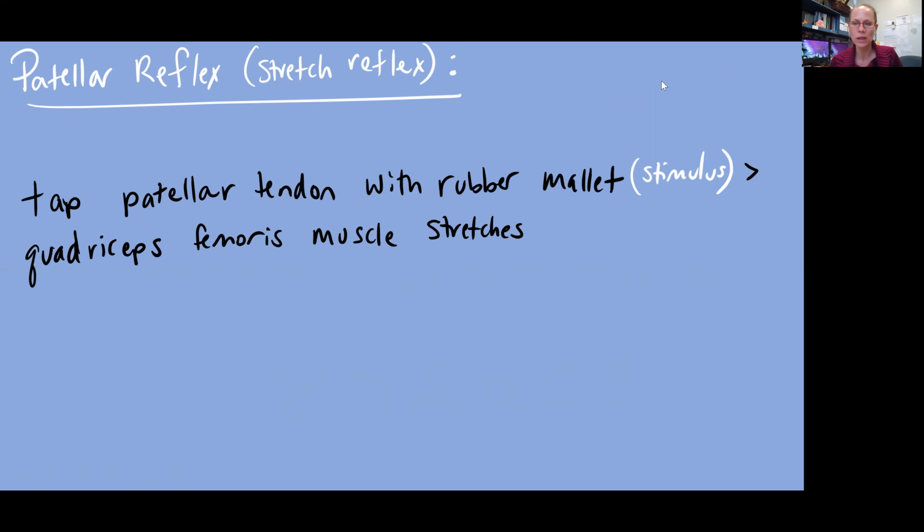And what that's doing is causing the quadriceps femoris muscle, which is one of our muscles on the anterior side of the thigh, so that group of muscles, is going to stretch. And when the quadriceps femoris muscle stretches, that's going to stimulate a stretch receptor.